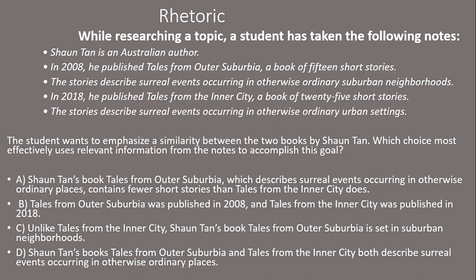What then do you need to do? Come to the question prompt, read carefully, and identify your task. What exactly is this question asking you to do? For instance, here the question says, this student wants to emphasize similarity between two books, and these two books are written by the same person.